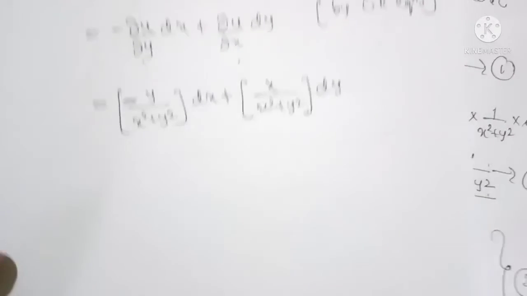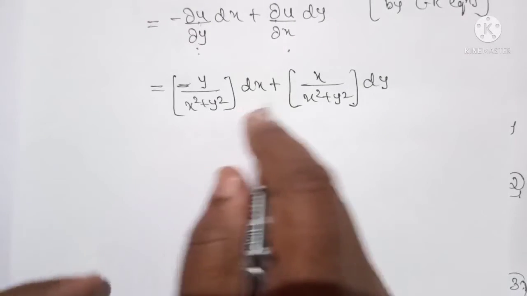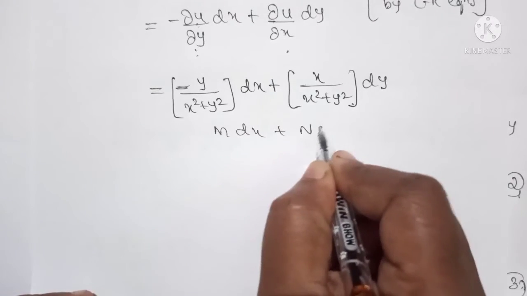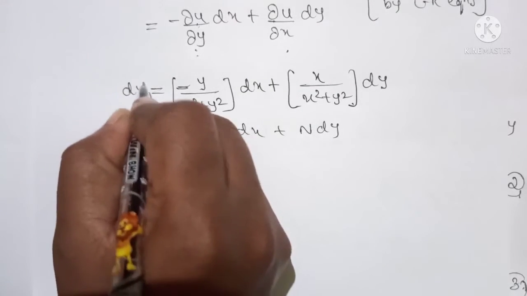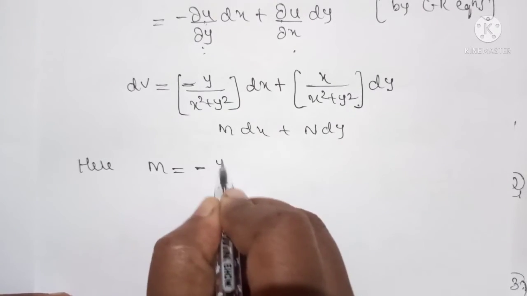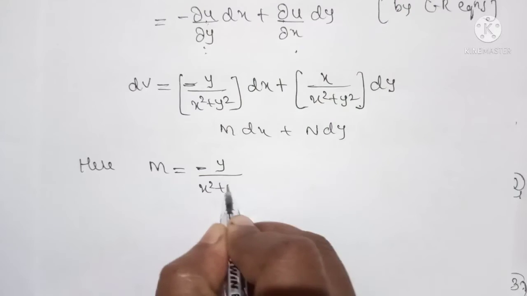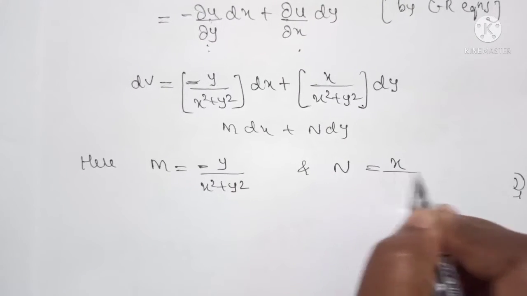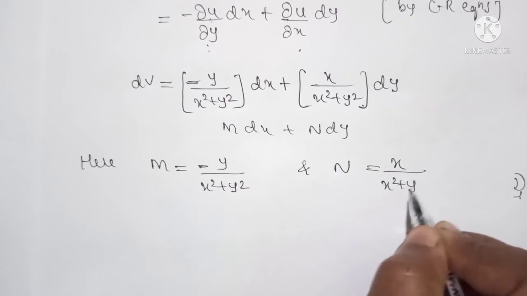So again it is of the form m dx plus n dy. Here m equals minus y divided by x square plus y square and n equals x divided by x square plus y square.